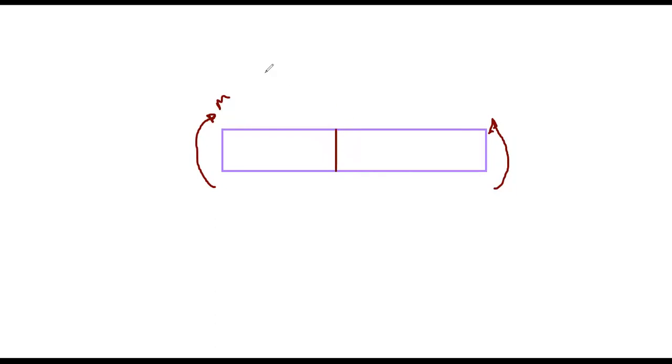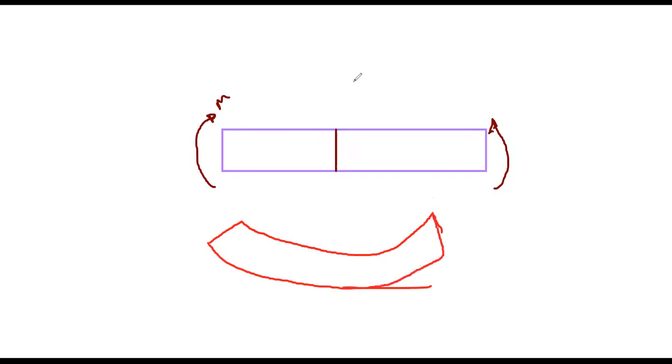After the bending of this beam, we will have a beam like this. So this will be the beam after bending. This will be the earlier plane which we have. For example, this is plane AB.